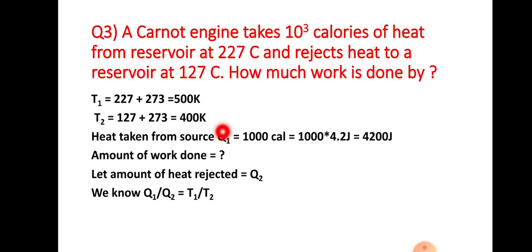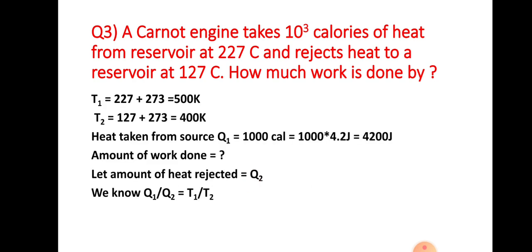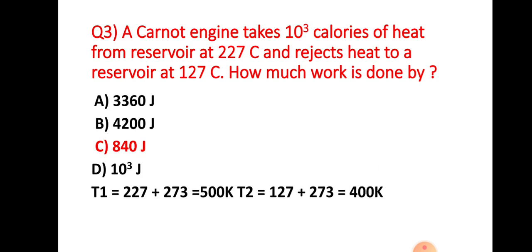That is, work done is Q1 minus Q2. In order to find Q1 minus Q2, we must find Q2, and our formula is Q1 by Q2 is equal to T1 by T2. By using this formula, we find Q2 at first, and then our answer will be Q1 minus Q2. That will be 840 joule. 840 joule is the correct answer for question number 3.